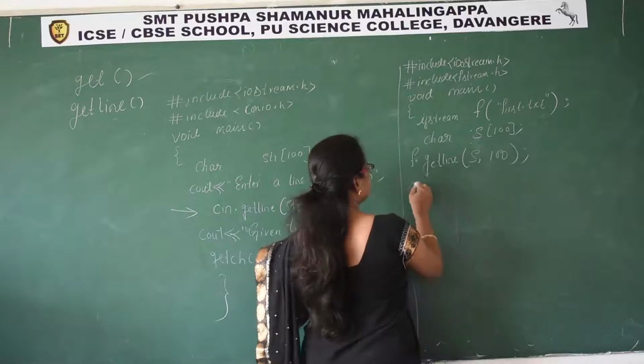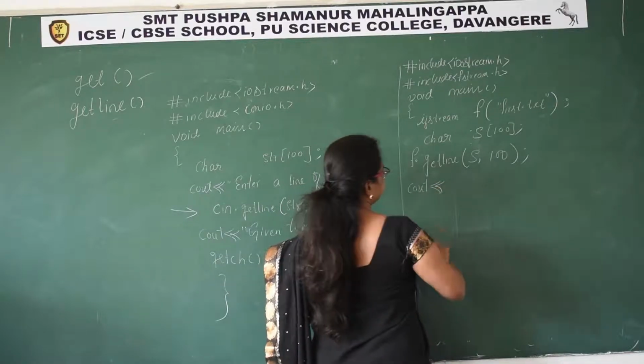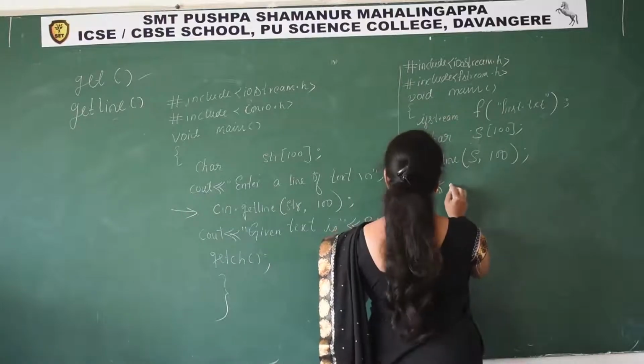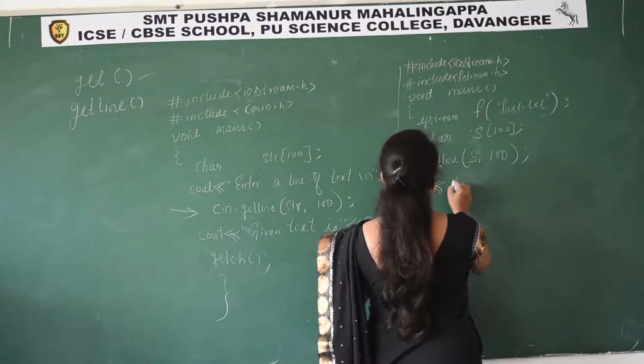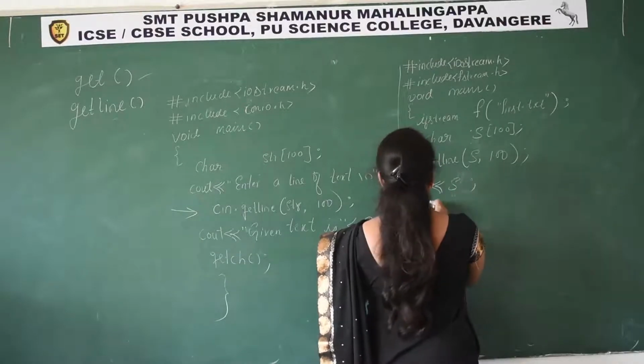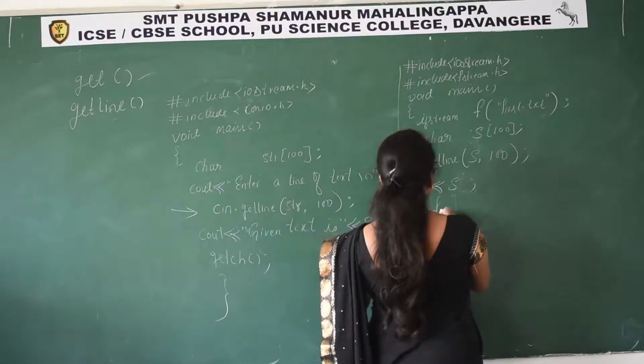Then I display it on the screen with cout insertion, s, then f dot close.